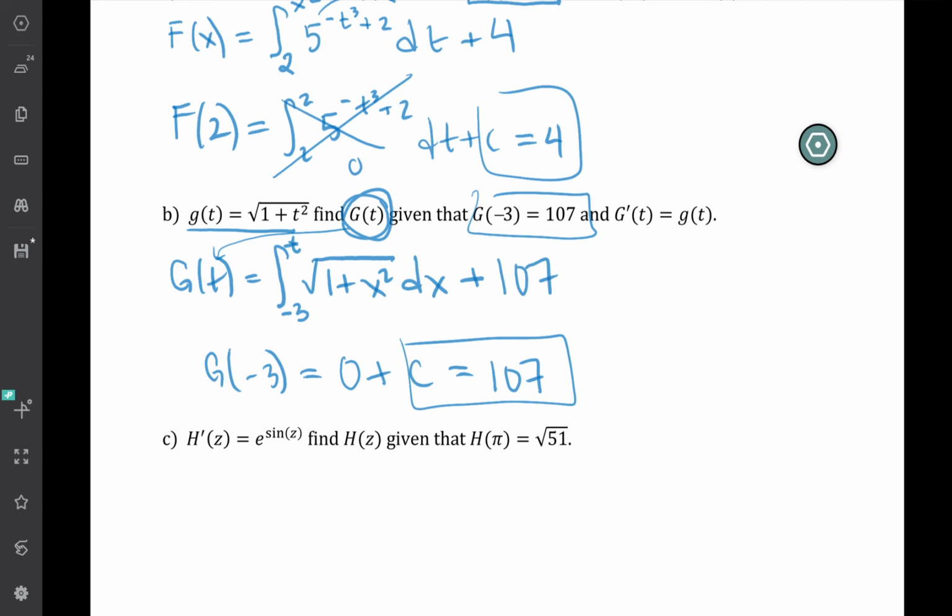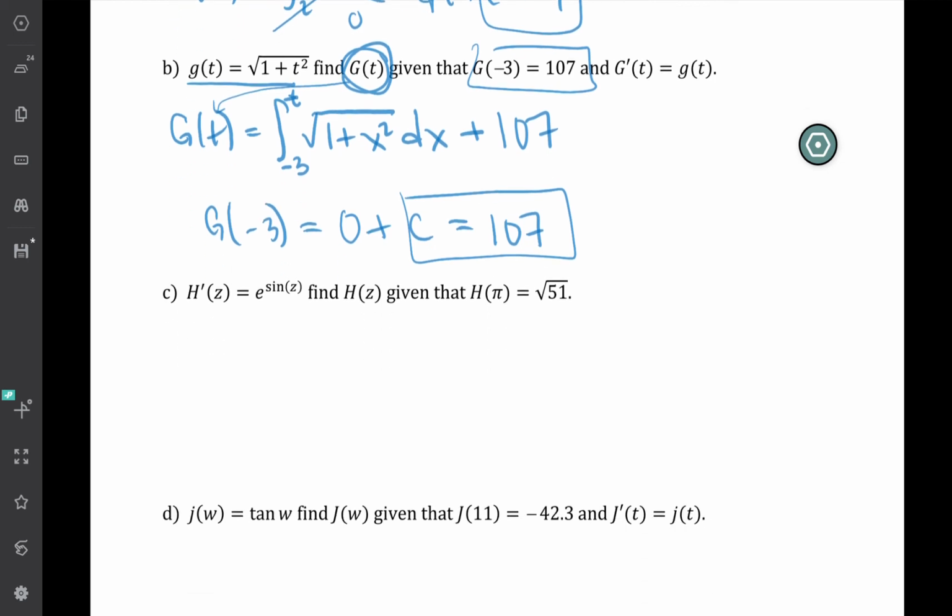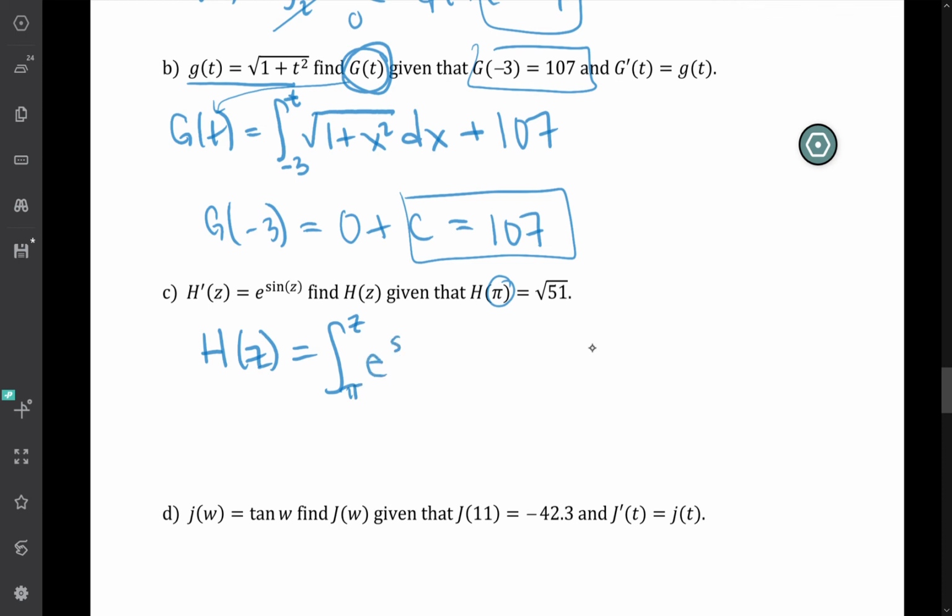Okay, for h prime equals e to the sine z, we want h of pi to equal root 51. Okay, so we want the antiderivative. And since we know we want to mess with pi, I'll just start with that this time. The integral from pi to x of e to the sine x dx plus c. Okay, so there's the whole family of antiderivatives.